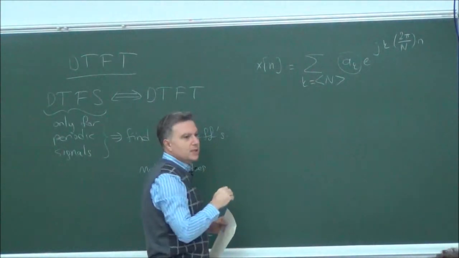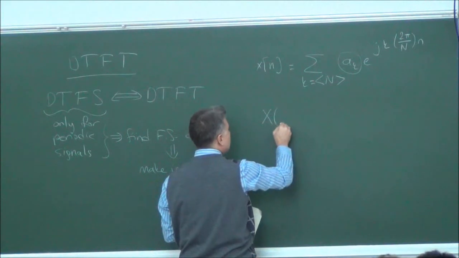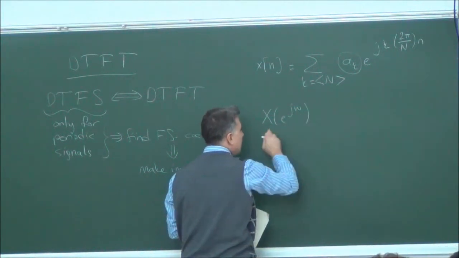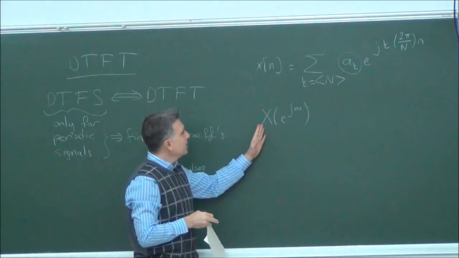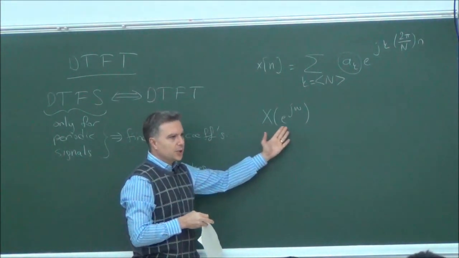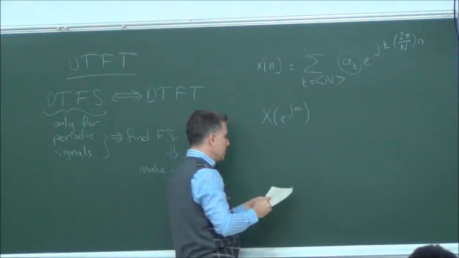With those Fourier series coefficients, we will represent our Fourier transform. Remember how we were representing the Fourier transform of discrete time signals. The Fourier transform was not capital X of j omega, it was capital X of e to the j omega. That's just the notation.